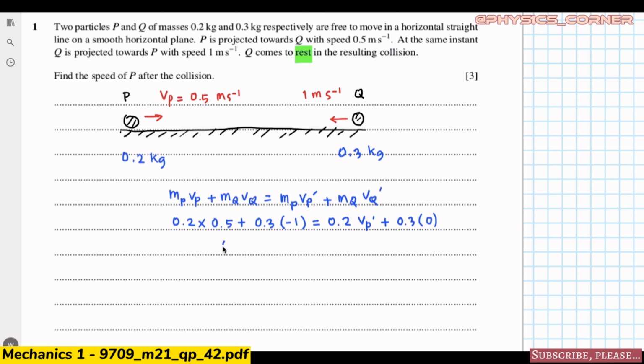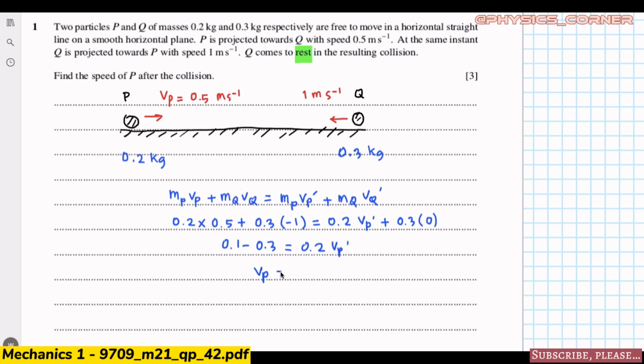So this is 0.1 minus 0.3, which equals 0.2 Vp after collision.